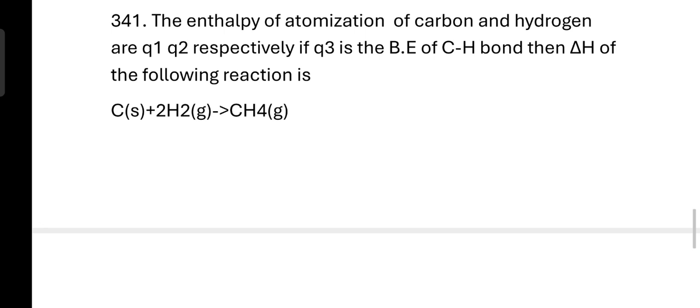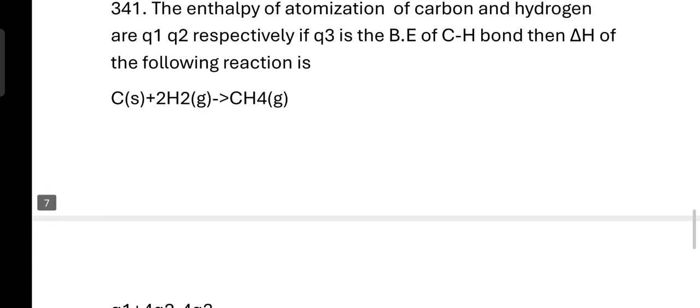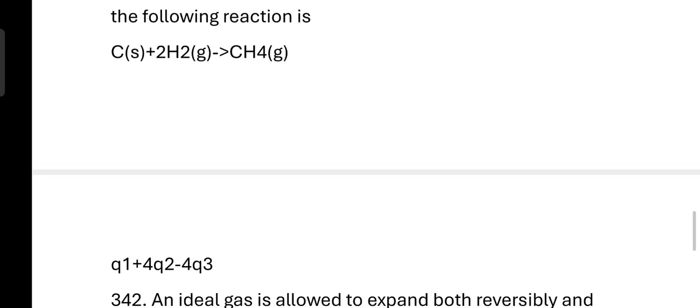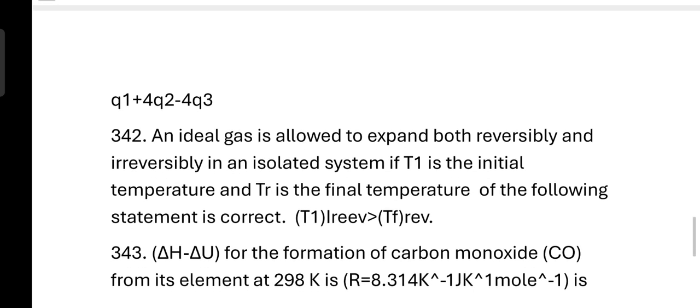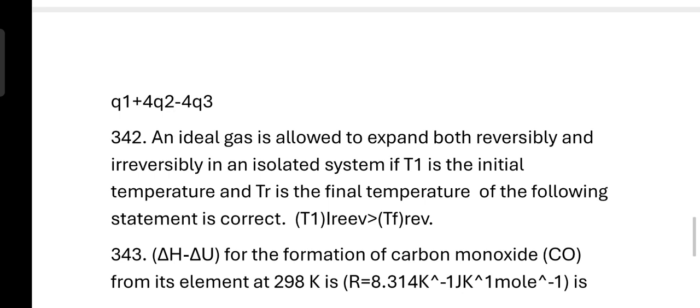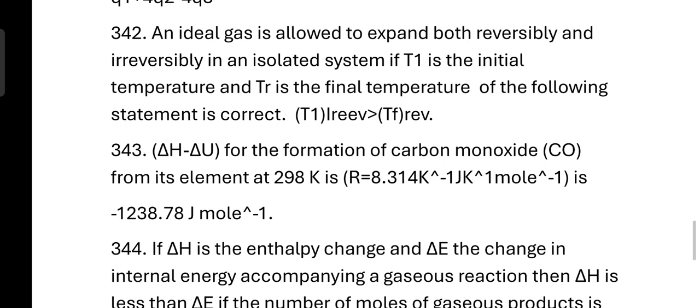If Q3 is the bond enthalpy of the C-H bond, then delta H of the following reaction C solid plus 2 H2 gas gives CH4 gas is Q1 plus 4Q2 minus 4Q3.